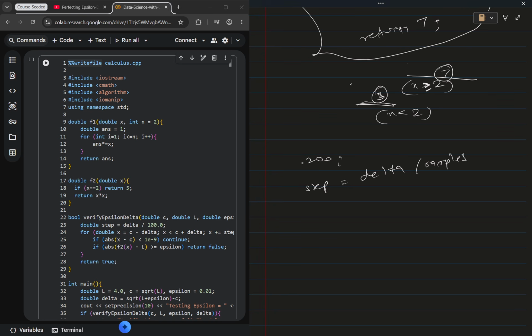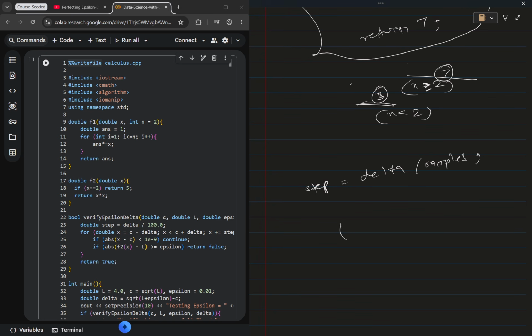You can just change these samples, so the sample rate can be changed directly over here. That's the reason we are taking samples over here, so that we don't forget where to change the sample rate, or the step rate, which are your samples.